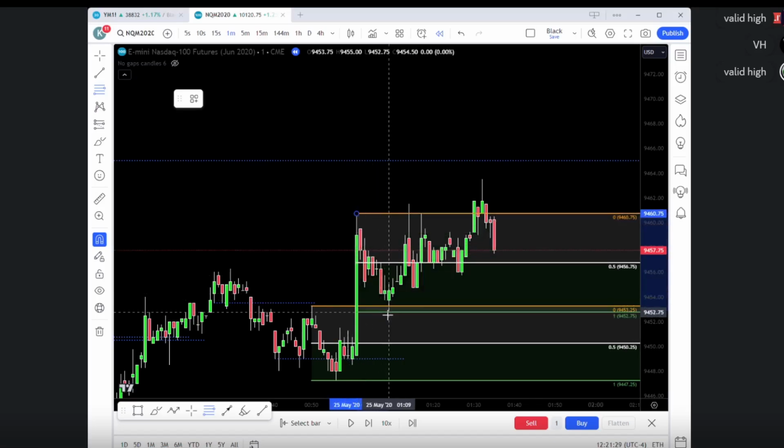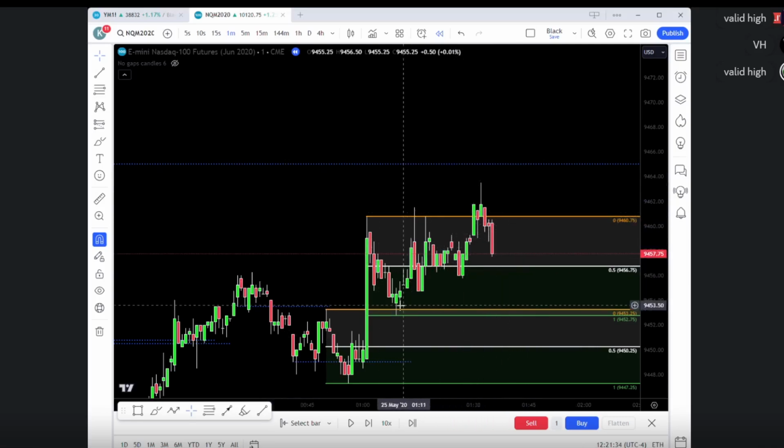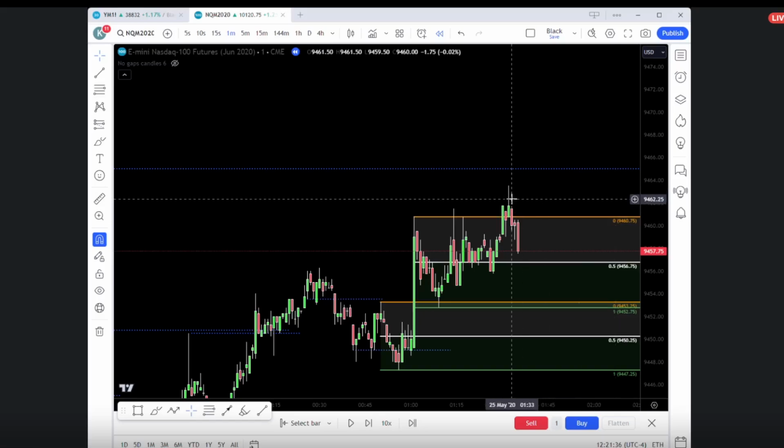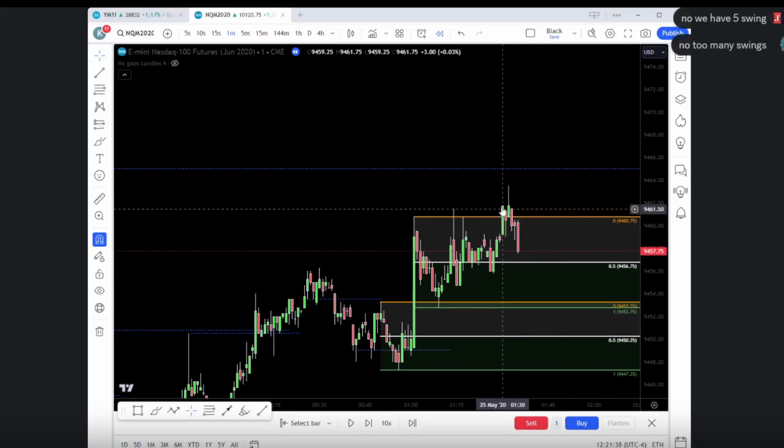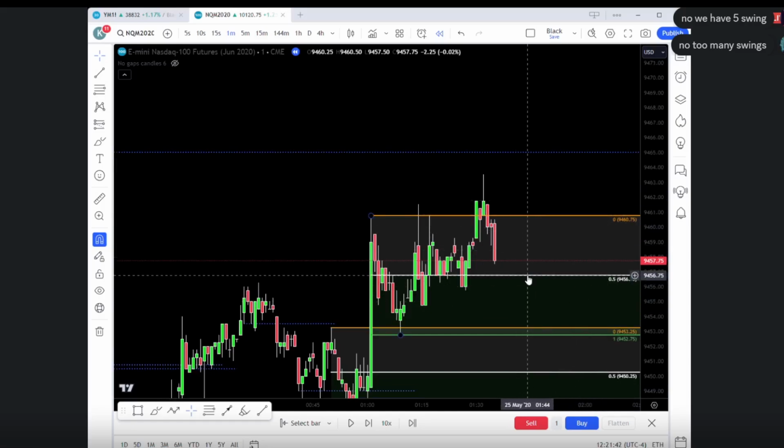No. So are we looking to take a 50% tap here? And with the understanding that we've now just put in this, our sixth swing that's now been confirmed with a high, right?